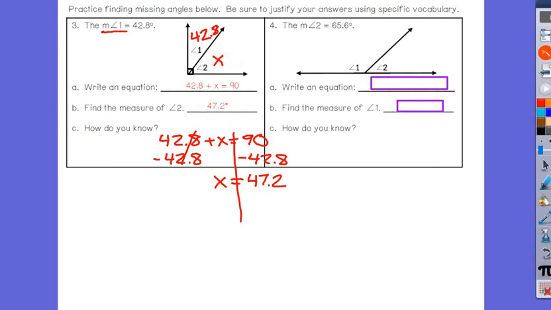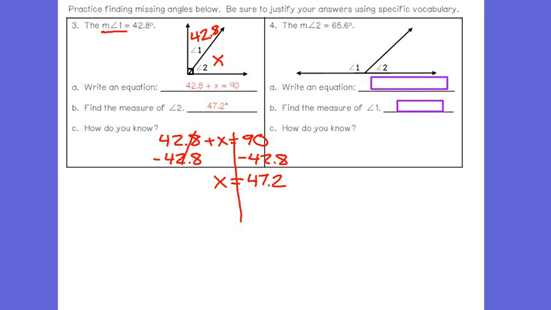So we found that the measure of angle 2 is 47.2 degrees. Okay, what vocabulary word do you see when you look at number 4? Supplementary.